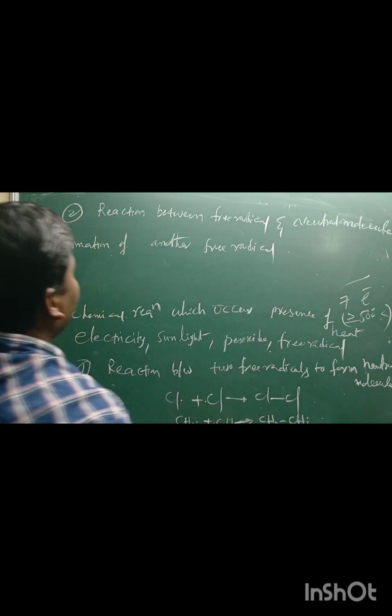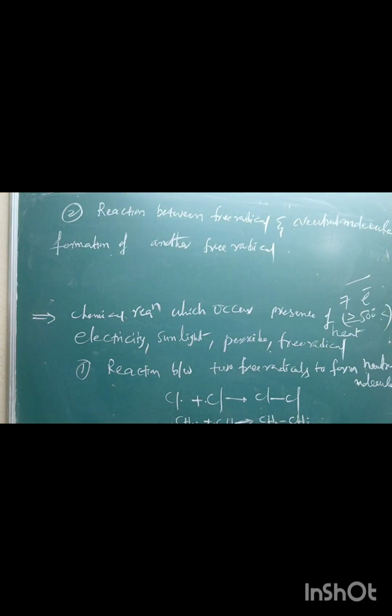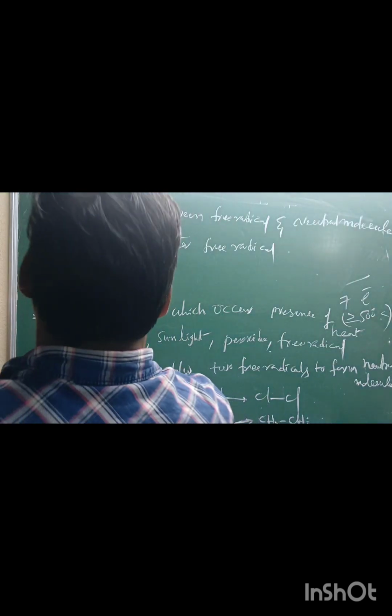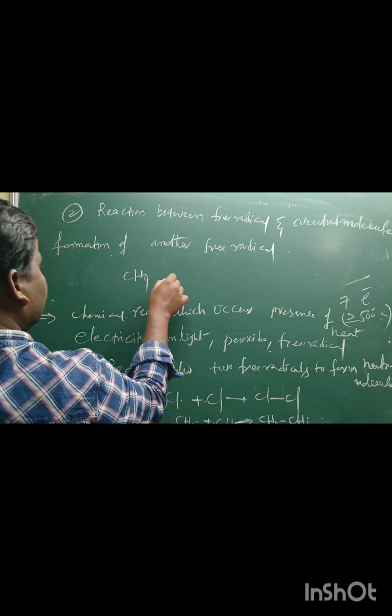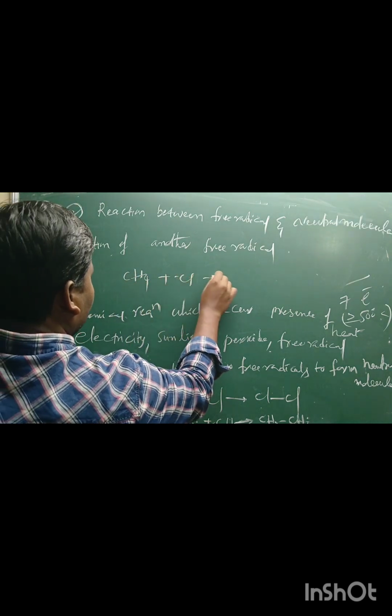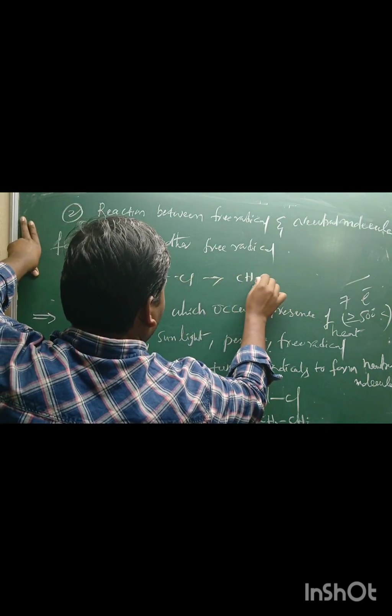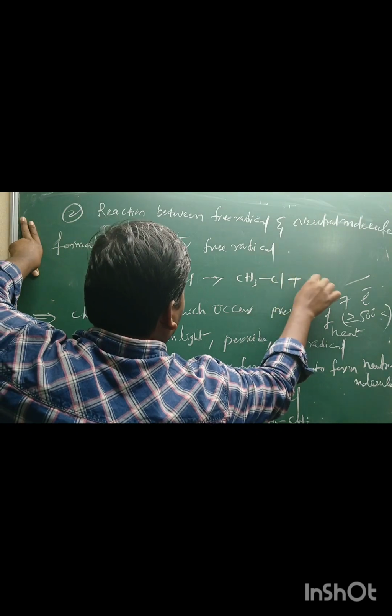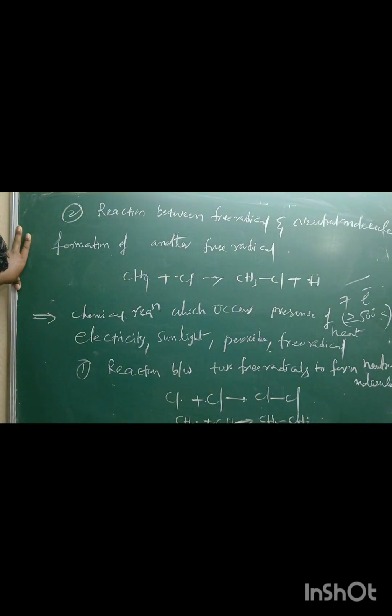For example, methane combines with chlorine free radical to form methyl chloride and hydrogen free radical.